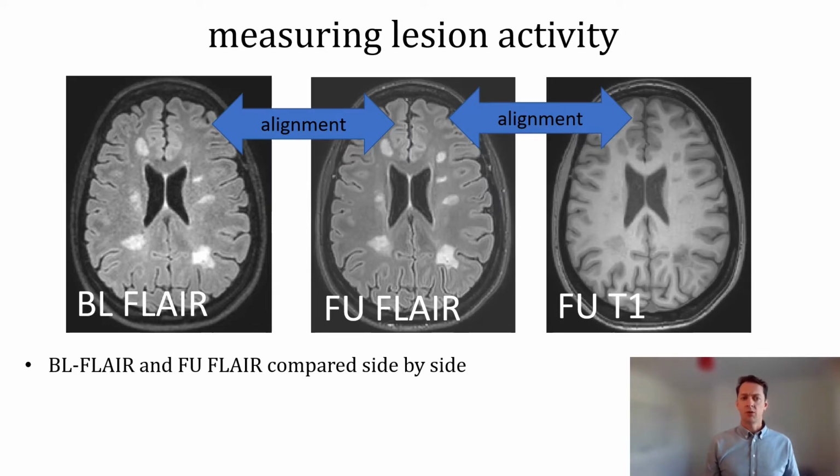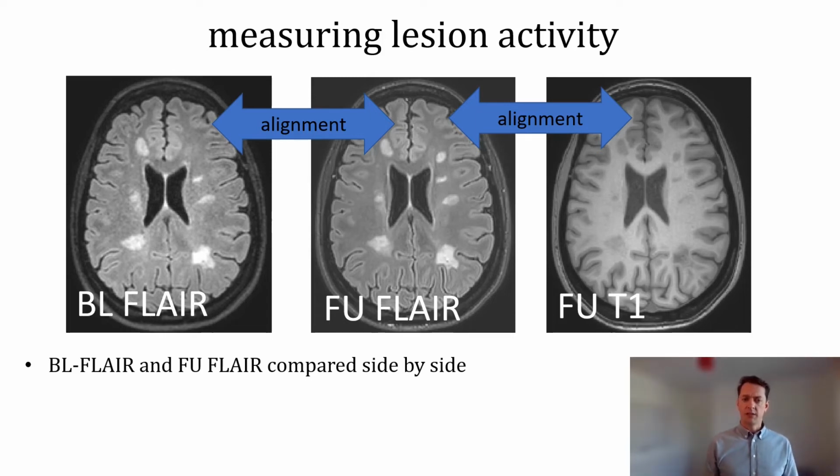Now let's see how to quantify lesion activity in a more meaningful way. What is very important is to directly compare the follow-up and the baseline FLAIR side by side. To facilitate the comparison, we align the baseline and the follow-up FLAIR via image registration. A new T2 lesion is now defined as a lesion visible at the follow-up scan, which is not visible at the baseline scan.